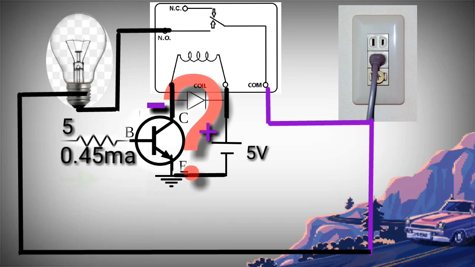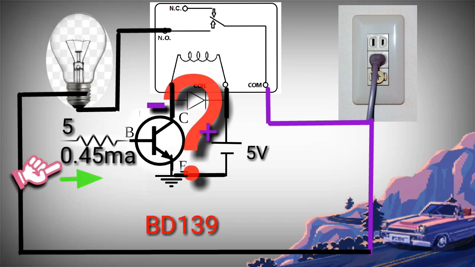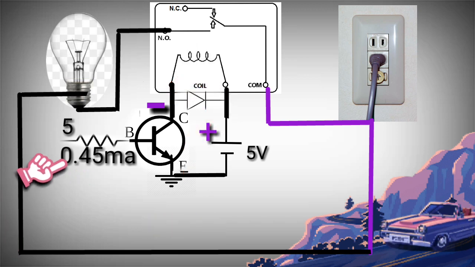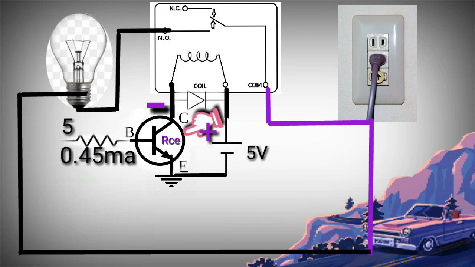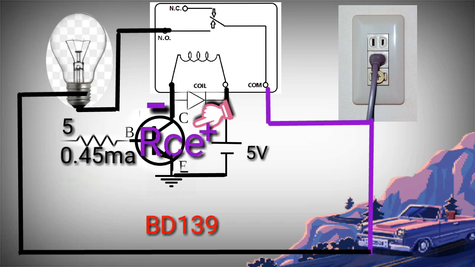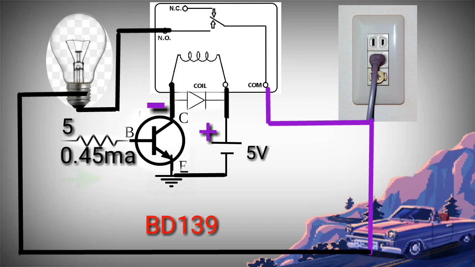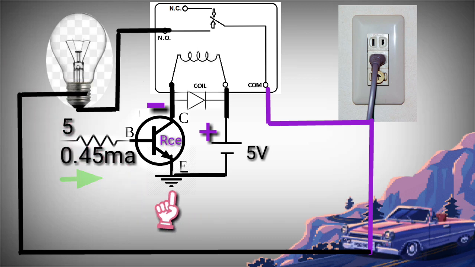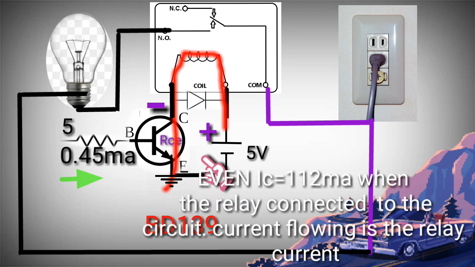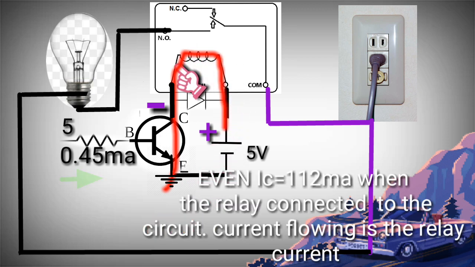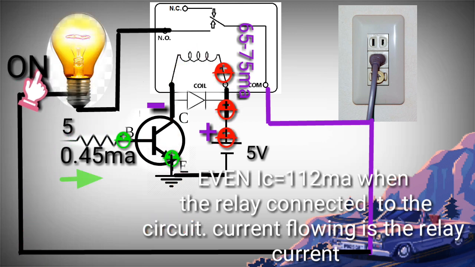So what happens to the transistor when 0.45 milliamp is injected to the base of the transistor? The collector emitter resistance will decrease, and when the resistance decreases, the ground begins attracting the positive current from the battery, and the battery releases 75 milliamp.